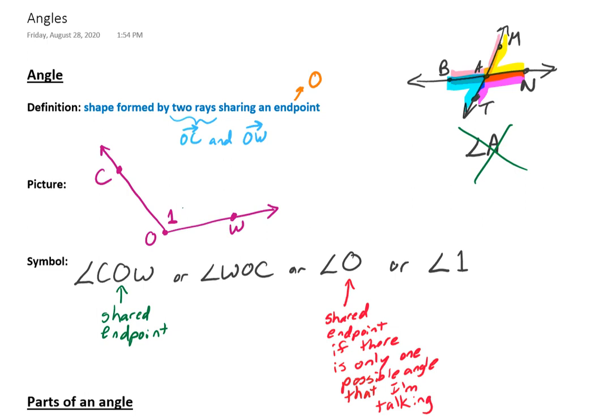When we do this, this is not the angle measure. So when we talk about angle measure, that's a number like 30 degrees or 90 degrees. That's an angle measure. The number here is just a number saying, I want to talk about angle 1.